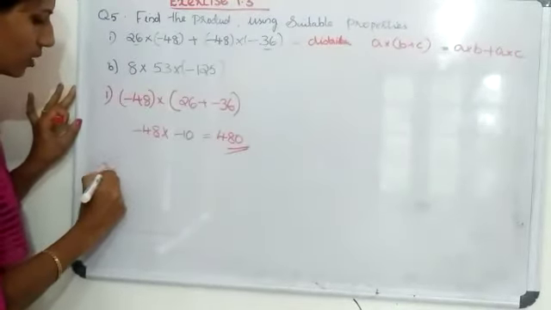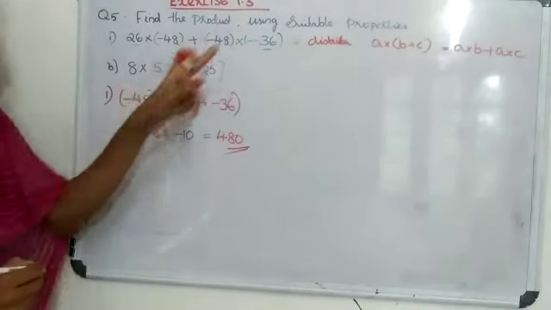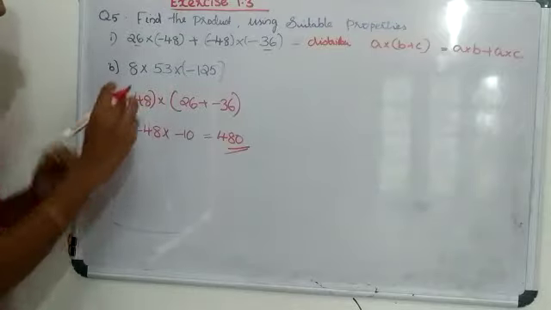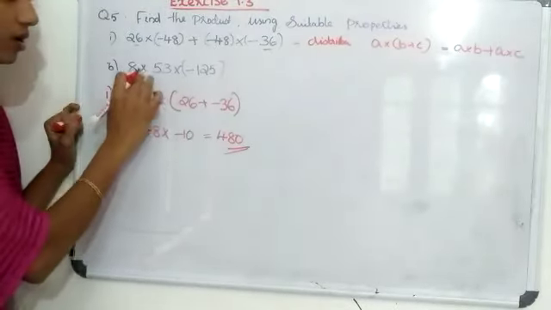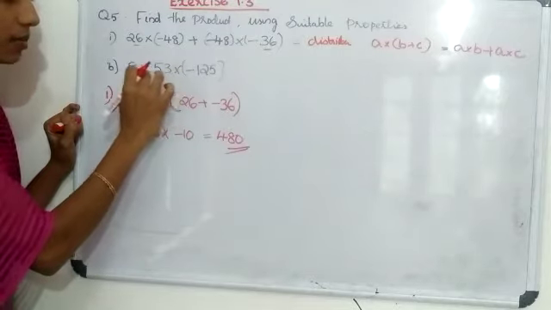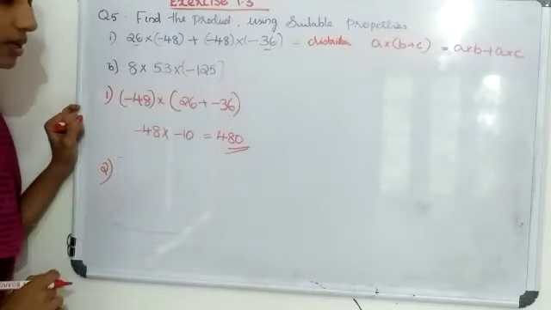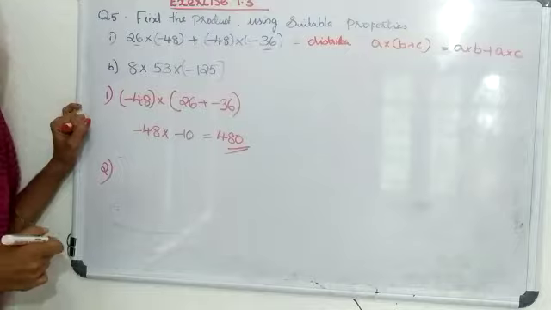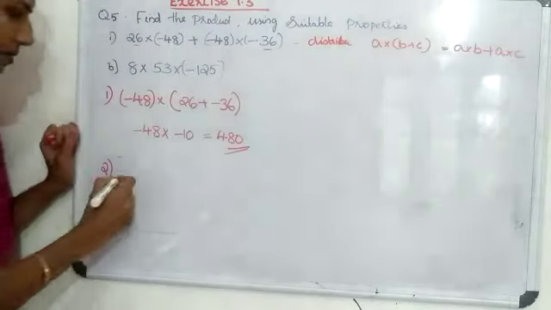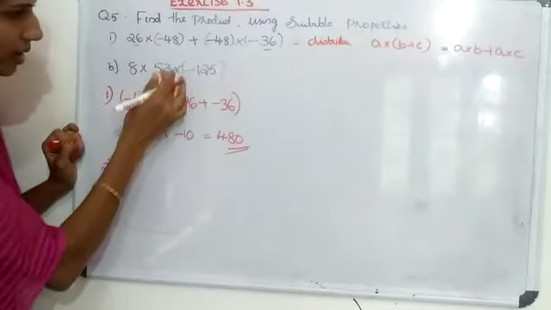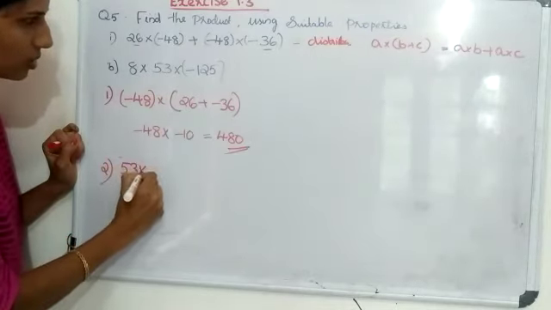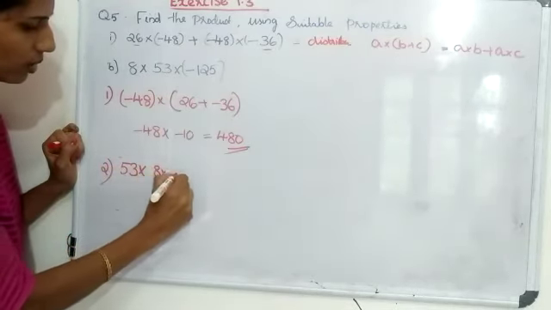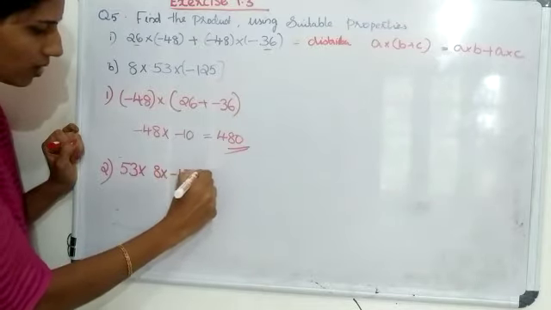Okay. So the second question, is it clear? We applied the distributive property. Then see this, which property can we use? All the time 3 integers are multiplying. So here we can use the associative property. That we can take in any order: 53 into 8 into minus 125.